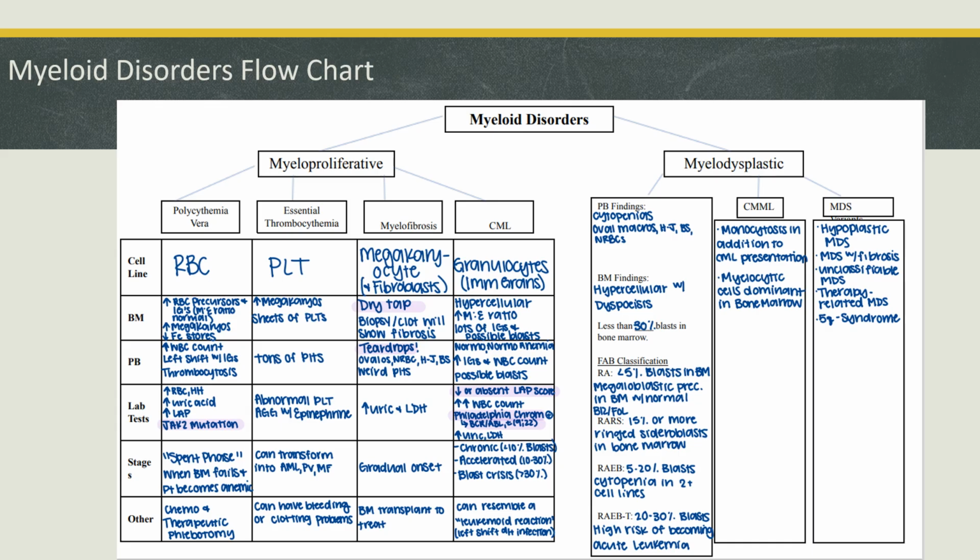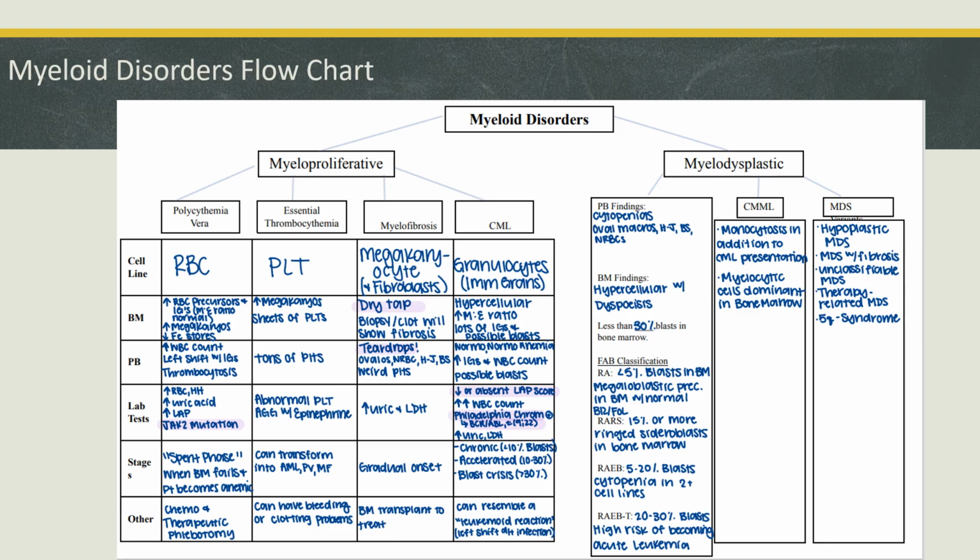So we're going to see a normal M:E ratio, even though there's a proliferation. The reason is that we're seeing an increase in both the immature grans and the reds, so they still maintain that ratio of about 3 to 1, 2.5 to 1.